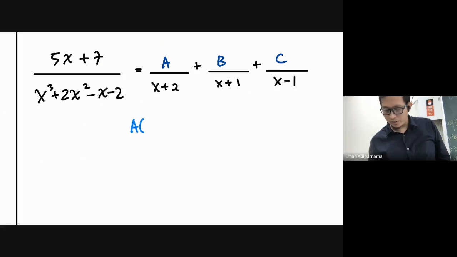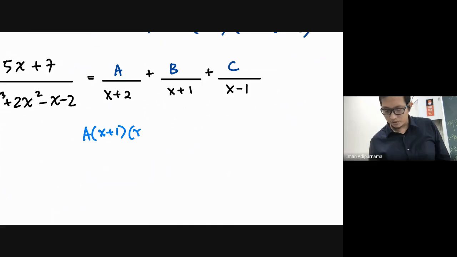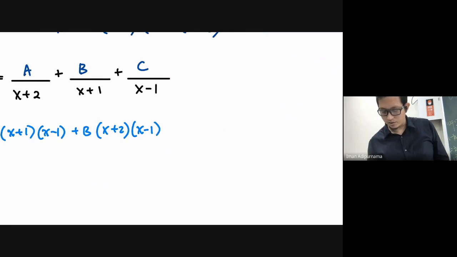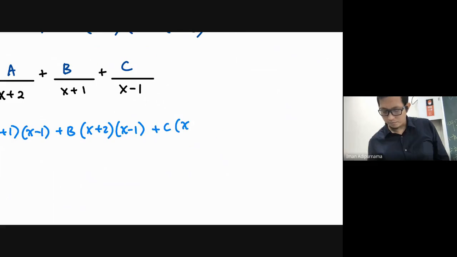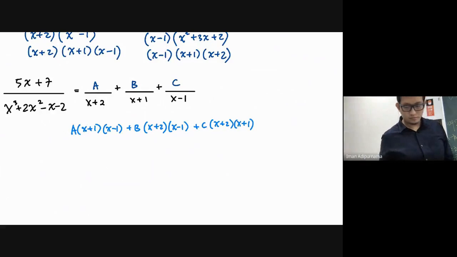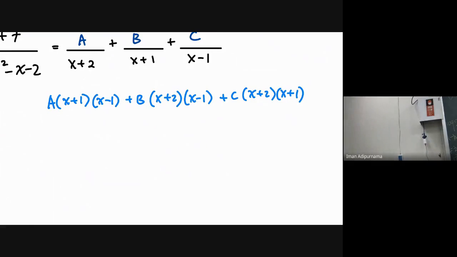So A will be multiplied with the other factors, x plus 1, x minus 1, plus B times x plus 2, x minus 1, and then plus C times x plus 2, x plus 1. And we expand all the terms here.